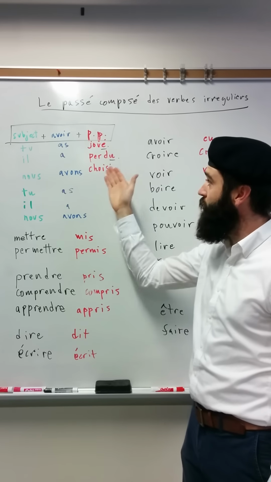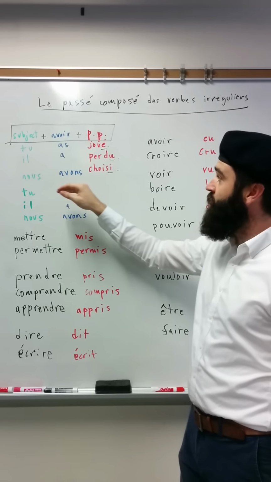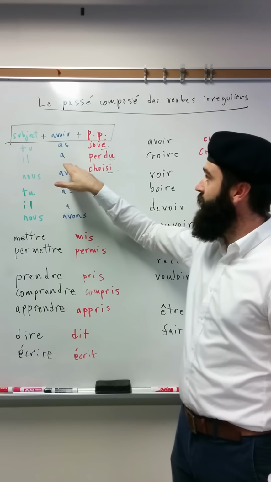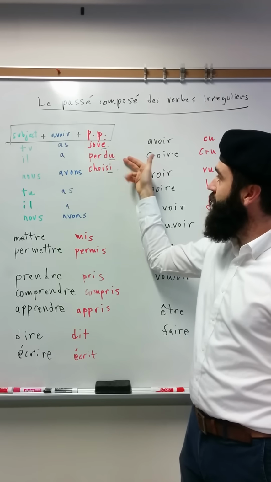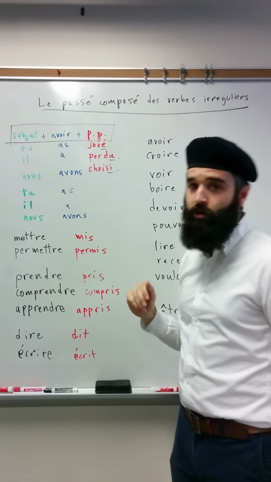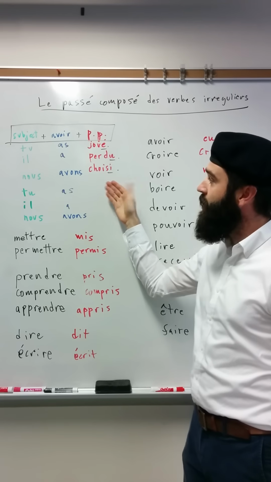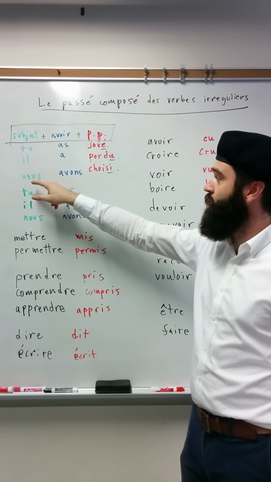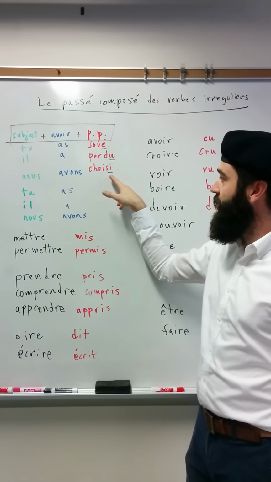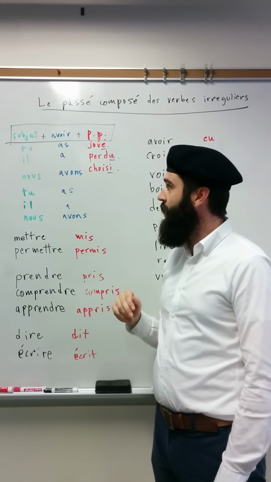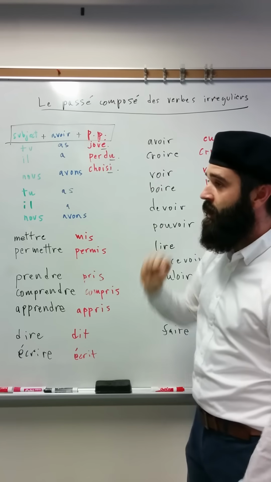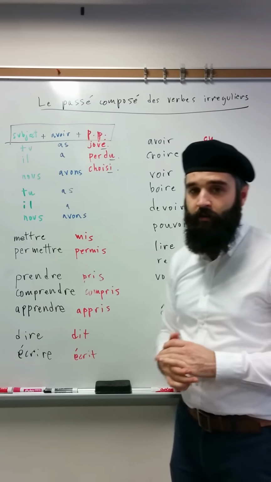Okay, that's the pattern. And remember, for RE verbs, it's the same thing. You have your subject, avoir, and then you take off the RE and add a U. Same thing for IR verbs. You have your subject, avoir, take out the IR and add an I. Now, that works fine and dandy for regular verbs.